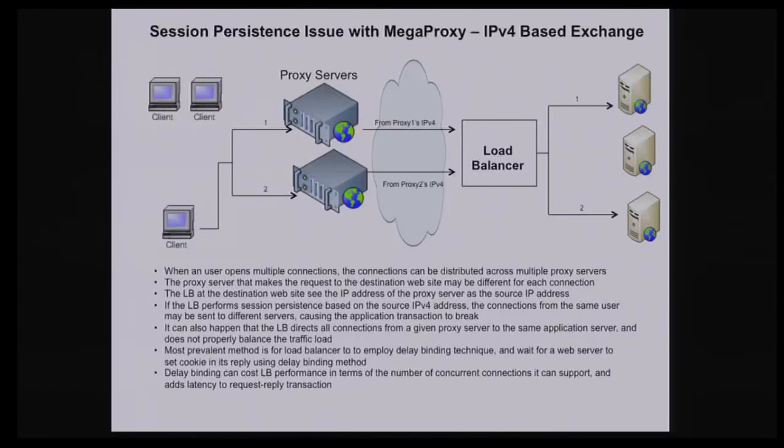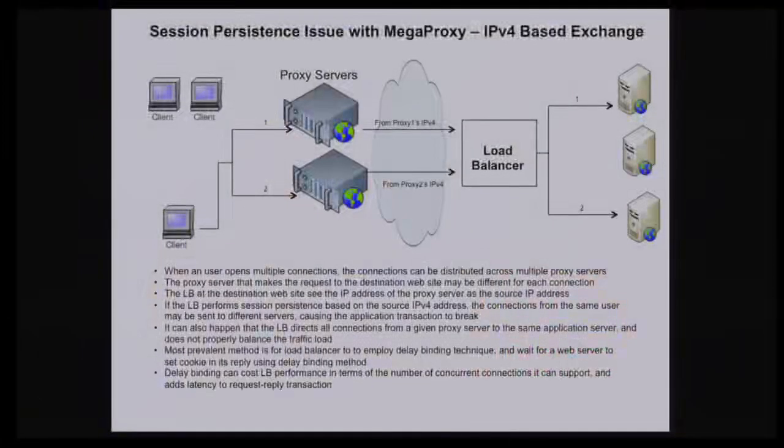Here is one of the scenarios where it's not easy to do session persistence. For example, in an enterprise or ISP network, there could be a proxy server, a mega proxy, so that a client accessing the application will open multiple TCP connections. Those different TCP connections can actually go through different proxy servers.